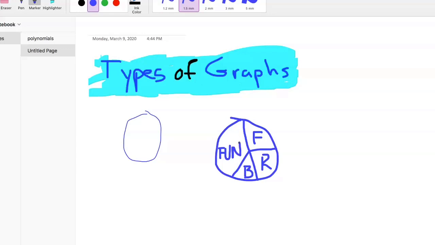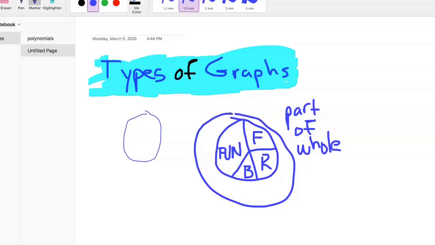And so that's really what you're looking at with a pie chart. Your takeaway is that a pie chart, which is what this is, you're looking at parts of a whole, right? So the whole chart, no pun intended, this whole thing is the whole, right?